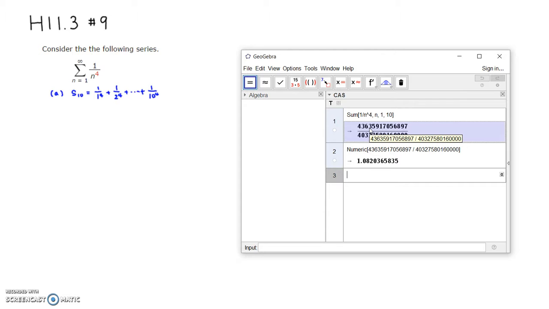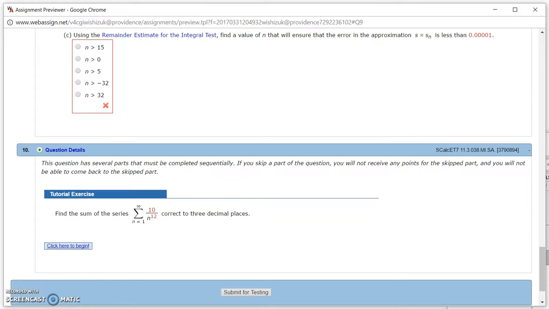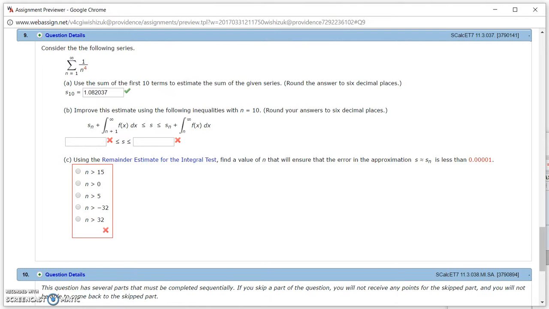Let's type it in. The value was 1.082037. Let's go ahead and submit for testing. Looks like we got part A correctly.